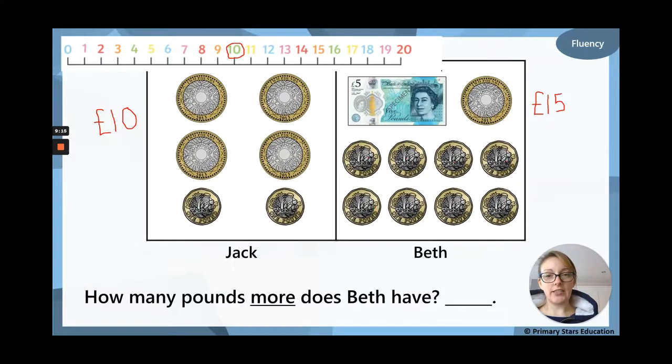So if I go to 15, there's 15 on my number line, I can see that the difference between those numbers is 1, 2, 3, 4, 5. It's 5 jumps to get to 15. So the answer is that Beth has £5 more. The difference is 5, so Beth has £5 more than Jack.